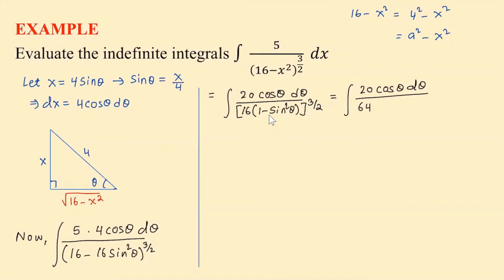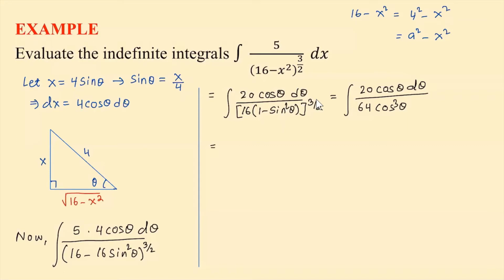And then here we have 1 minus sine square theta, which is cosine square theta. It is power 1/2, that is the square root of cosine square theta, which is cosine theta raised to 3, cosine cube theta.